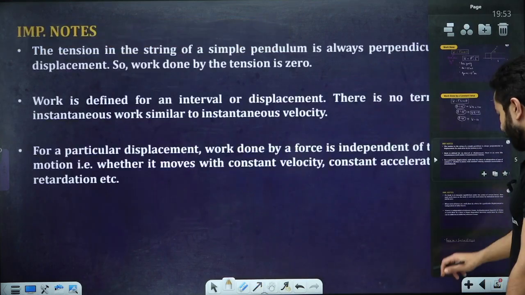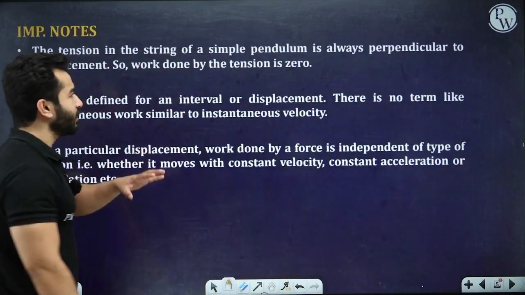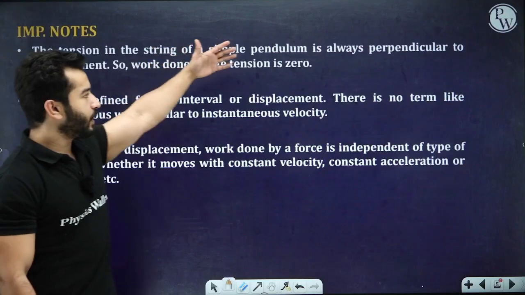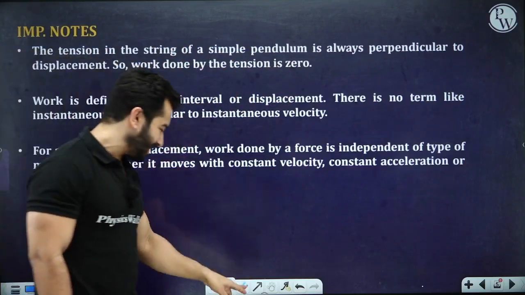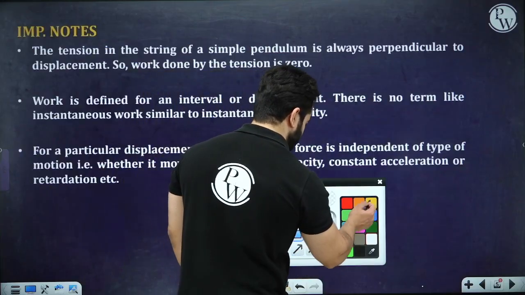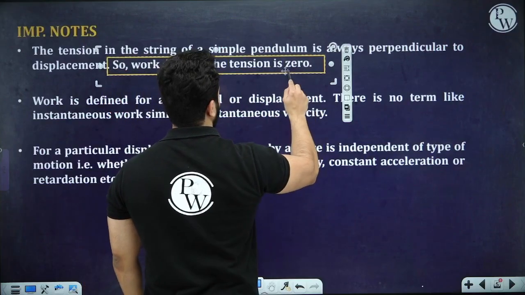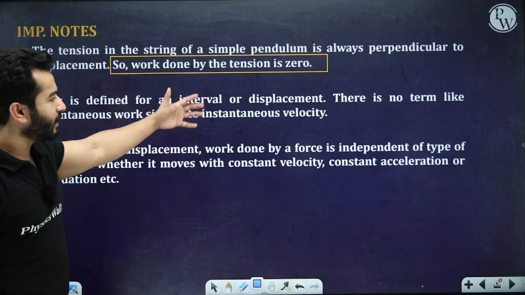Now quickly let's move to some important points. The first point is related to the fact that we just saw: the tension in the string of a simple pendulum is always perpendicular to the displacement. So work done by tension is 0. Please note this point, right? And it makes sense. After this, work is defined for an interval or displacement.